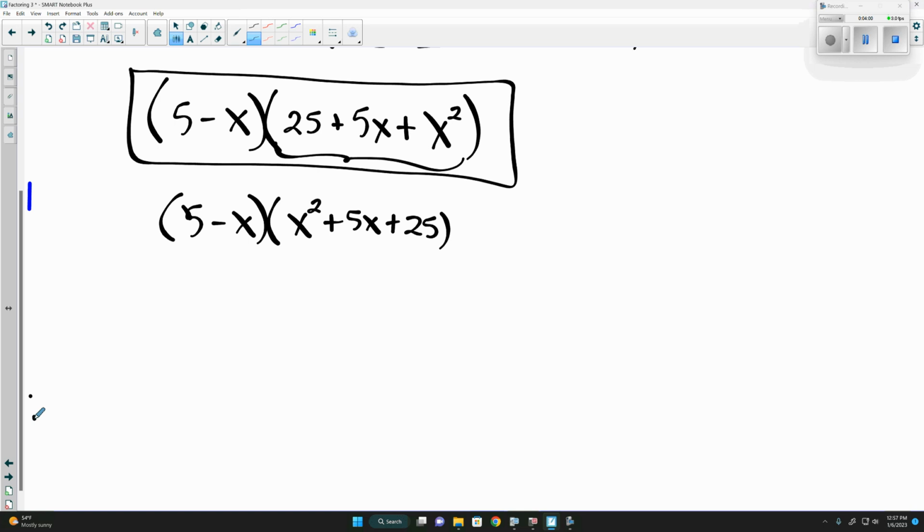But I don't like switching the 5 and negative x, because we can do that, but it'd be negative x plus 5. I don't know why, I just don't like having the negative x plus 5. It looks nicer as 5 minus x instead of negative x plus 5. So all 3 of these are right. I just like the top 2 better. But that's it. Questions on this here?